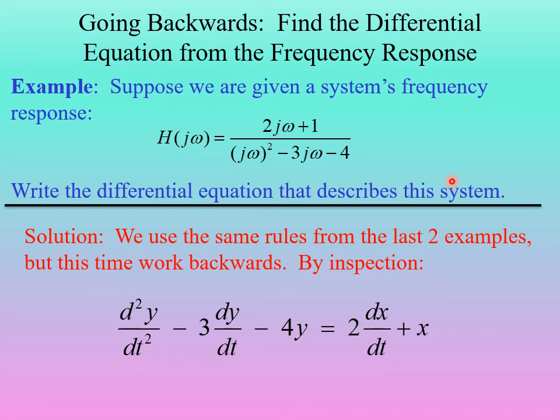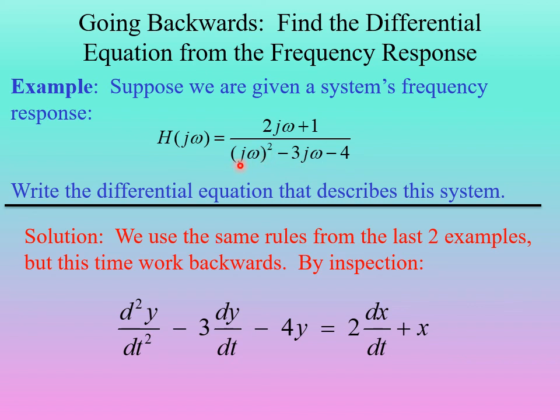Well, all we have to do here is work backwards and use the same inspection method to write the differential equation. I'll start on the left, which are the y terms. Remember, the y terms are defined by what's at the bottom, in the denominator.